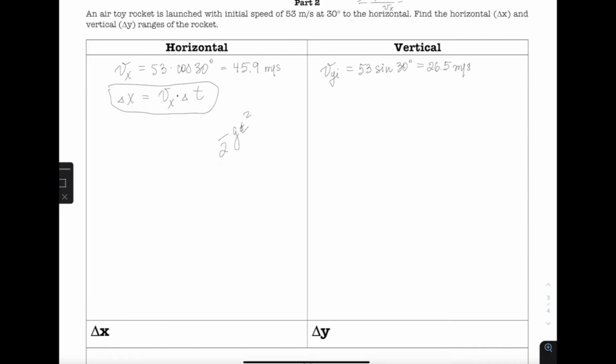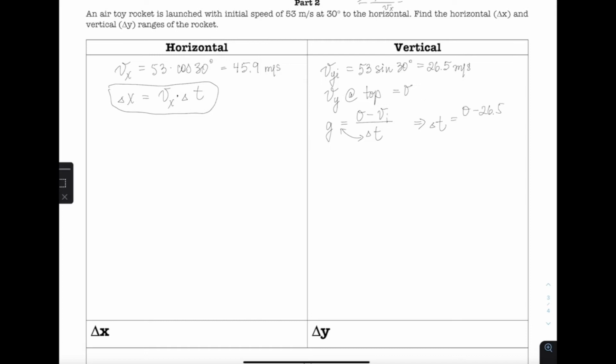So in this case, my only option is to realize that at the top, Vy, and this is in your laminate, is 0. So how long does it take to get there? I can figure it out, since I know my g and I know my change in t can be found by replacing it in this formula. So therefore, change in t is going to be 0 minus 26.5.